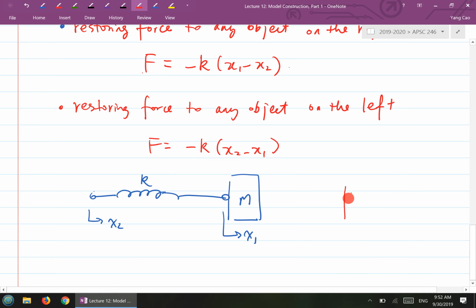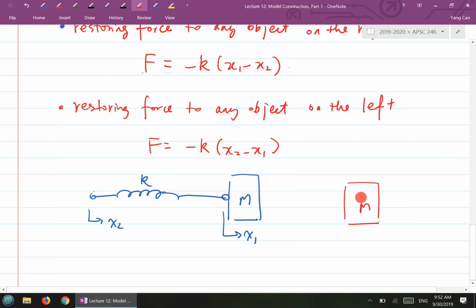So if we need to construct a model for this object m, when you construct a model, basically what's the free body diagram? You isolate that object first, and then you sketch all of the external forces onto this object.